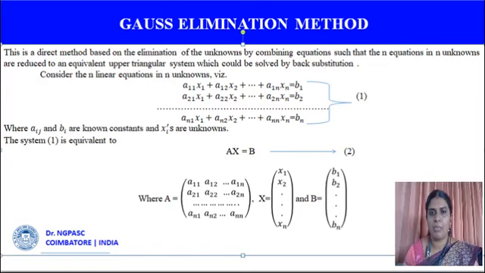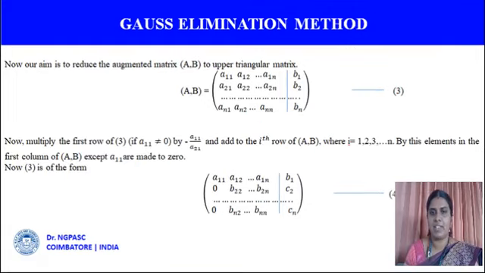Now we have to form an augmented matrix (A, B), which consists of the coefficient matrix A and the right hand side, that is B. So (A, B) is your augmented matrix. We have to reduce this augmented matrix to an upper triangular matrix. That is, you have to consider the leading diagonal and reduce the elements below the leading diagonal to 0.